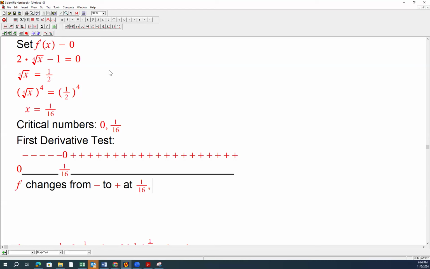From negative to positive, so we have a local max. I'm sorry, we have a local min at 1/16. And what is the value?